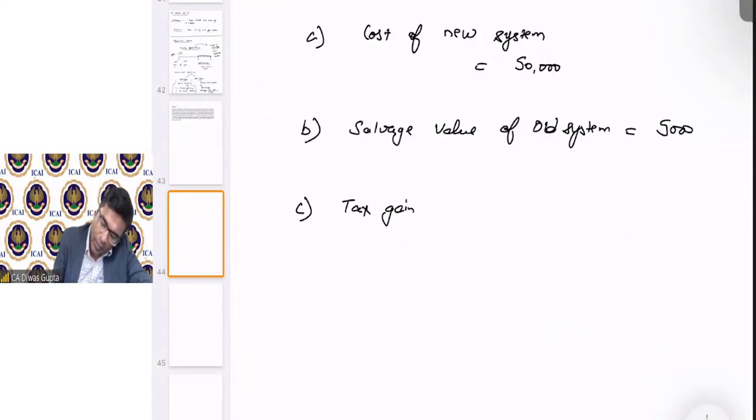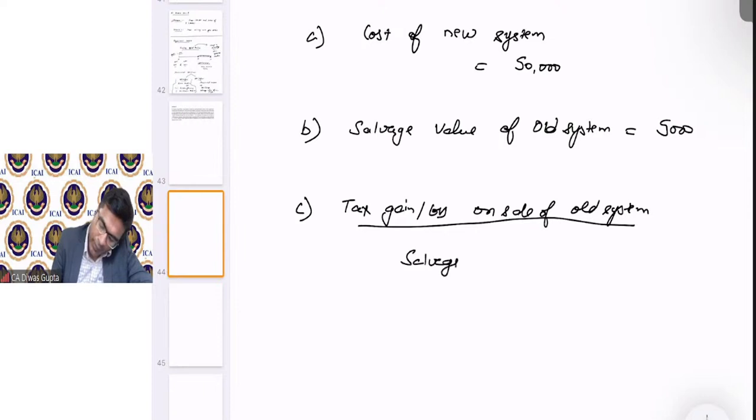Then C, tax gain or loss on sale of the old system. So this we can simply compute. Salvage value is how much? 5,000 less WDV.